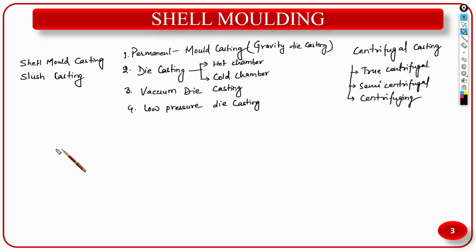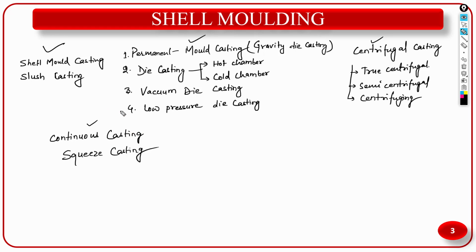And the last one we will talk about is continuous casting, and there is another one, that is squeeze casting. So these are the four different categories: one, two, three, and four.